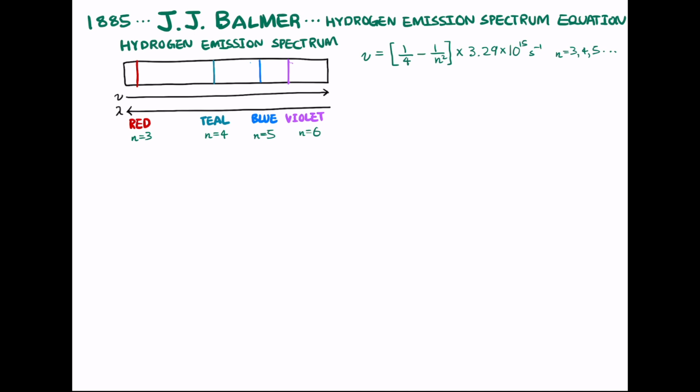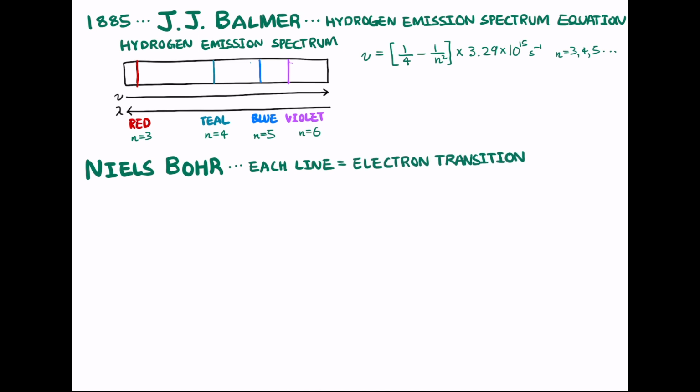The first rough explanation of these distinct lines was from the Danish physicist Niels Bohr. Bohr postulated that each of these lines corresponds to a transition of the electrons between 2 different energy states. For instance, when the atoms absorb light, the electrons gain energy and hence move from an initial lower energy state to a final higher energy state.